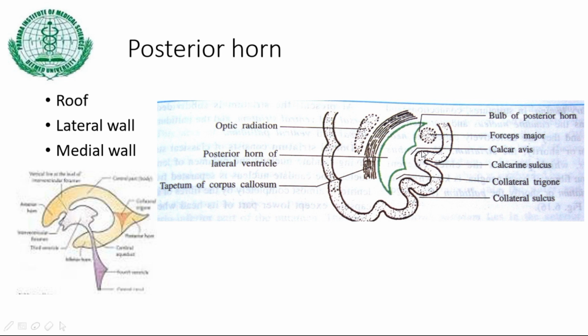The lower elevation is known as calcar avis, which is formed by the inward projection of the calcarine sulcus.